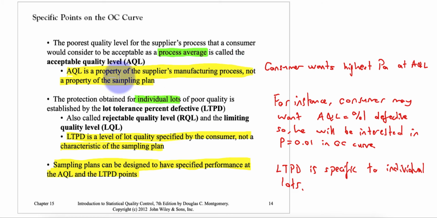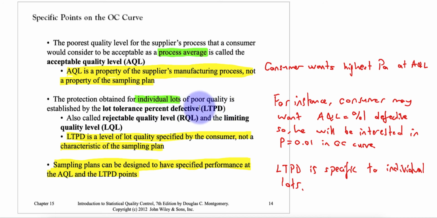All right? But also, when we think about the individual lots, not about the whole lots coming from the supplier, an individual lot will be of finite size, all right? And when we think about an individual lot, and when we want protection from individual lots of poor quality, we can establish the lot tolerance percent defective, LTPD.